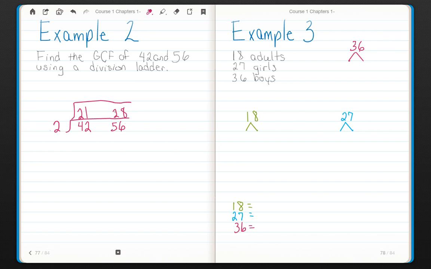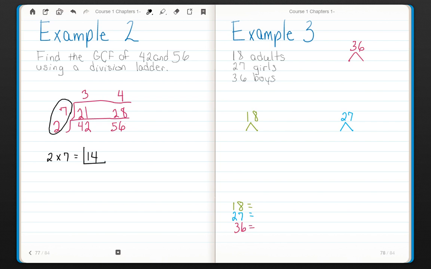Then I'm going to divide again by the next common factor, which is 7. 21 divided by 7 is 3. 28 divided by 7 is 4. 3 and 4 have no common factors. So now I'm going to take the two factors that they had in common, 2 and 7, and I'm going to multiply them together.